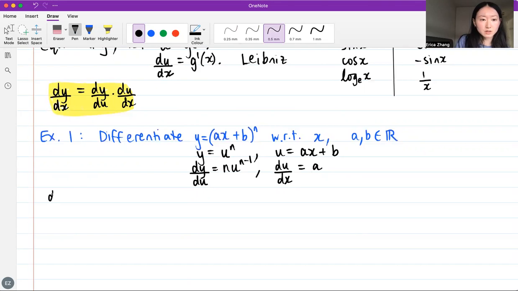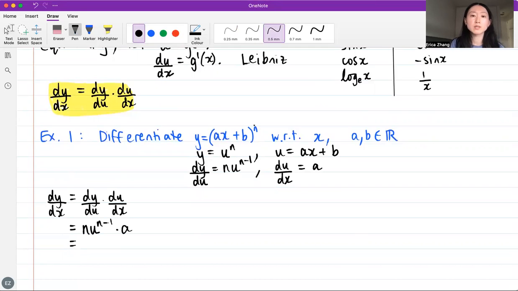So just rewriting our chain rule in Leibniz notation. Okay, we've already taken our derivatives, so we can just copy down dy du, which is n times u to the power of n minus 1, multiply that by du dx, which is a.